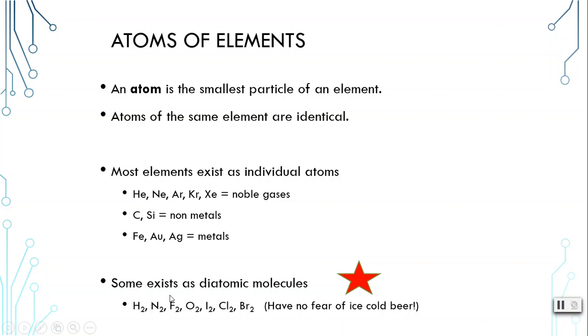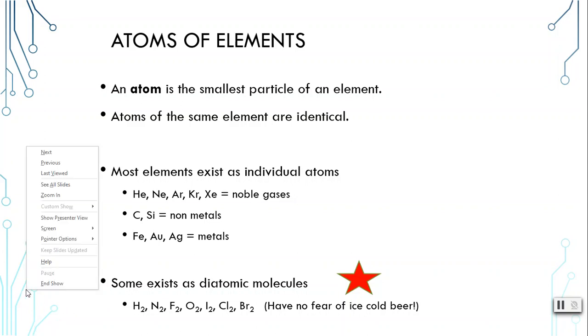So there are some elements that like to be diatomic molecules. In chapter 1, I said that I would talk about which elements are diatomic more fully. And so here we are. These are the elements that exist as diatomic molecules: hydrogen, nitrogen, fluorine, oxygen, iodine, chlorine, and bromine.